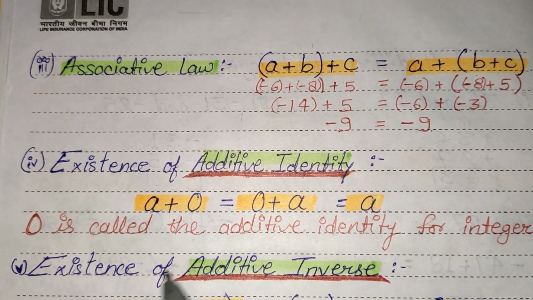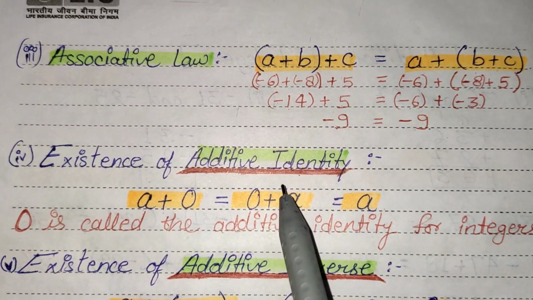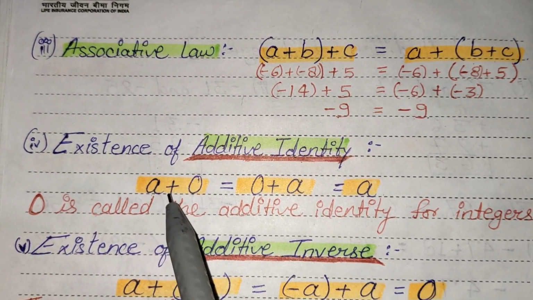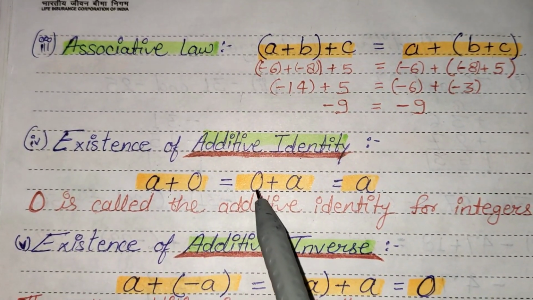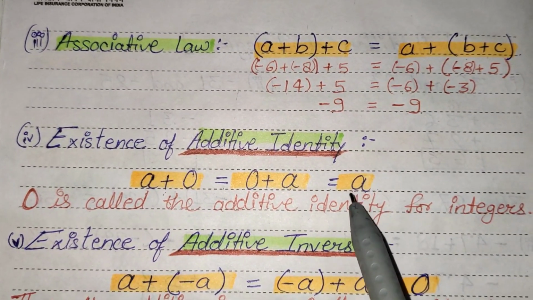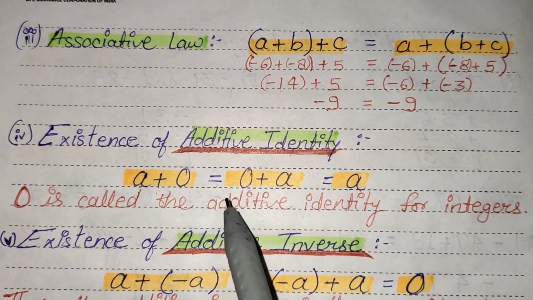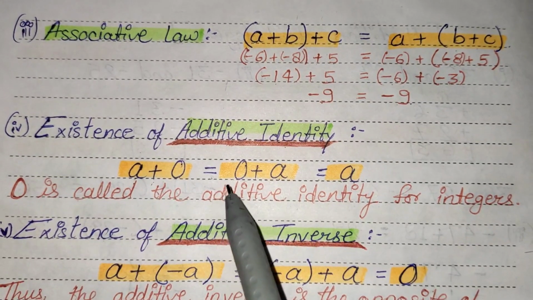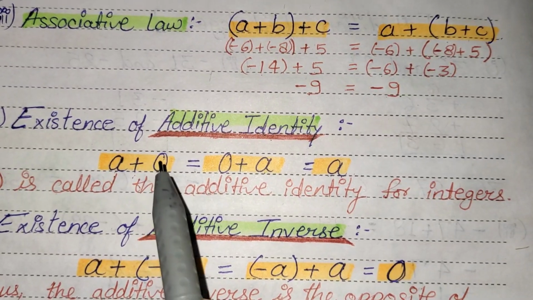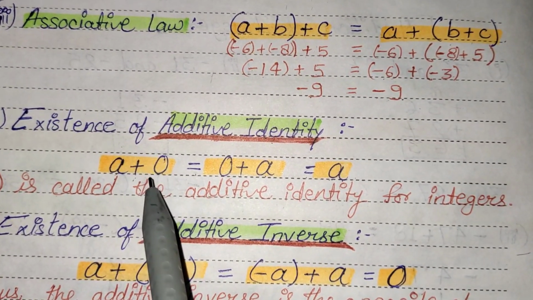Now moving on, the fourth part, existence of additive identity. Let's see what the additive identity is. For an integer a, a plus 0 equals 0 plus a, the result is the same. That means the result is the integer itself. If we want to add something to an integer and get the same integer as the result, we add 0 to it.